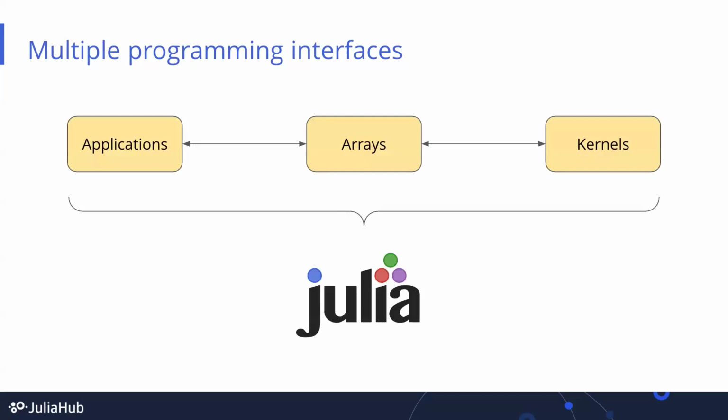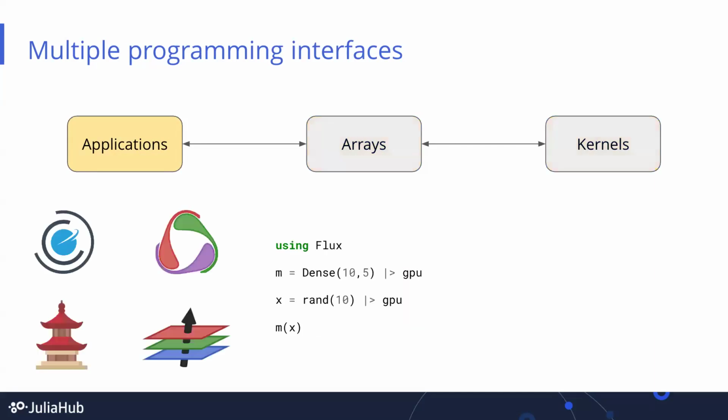I also mentioned that we have multiple programming interfaces, multiple levels at which you can use the GPU. The highest level is obviously the application level, which I'm not going to delve too deeply into, but as an example, the Flux package, which is one of the machine learning packages in Julia, has this magical gpu function.